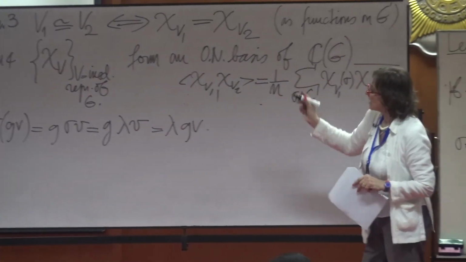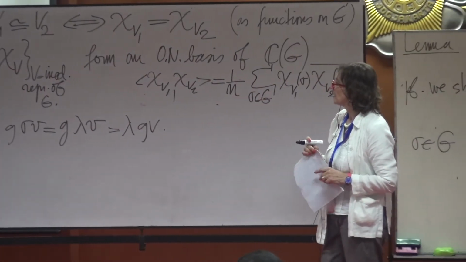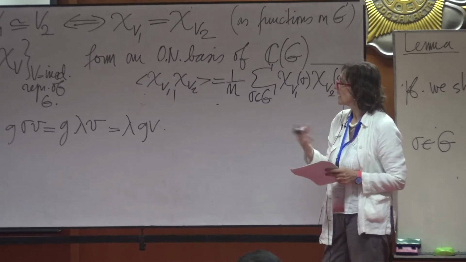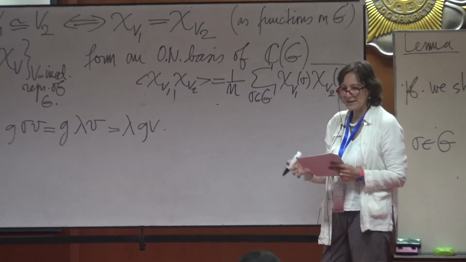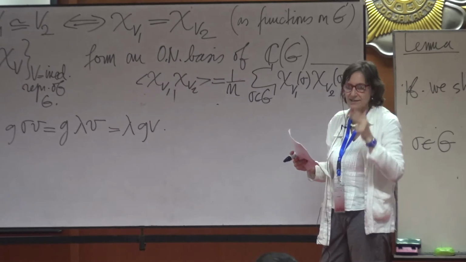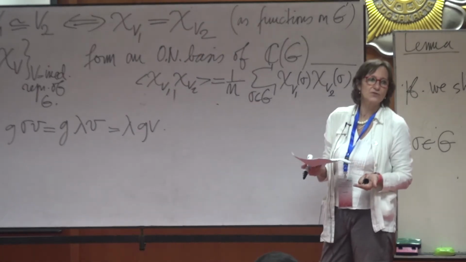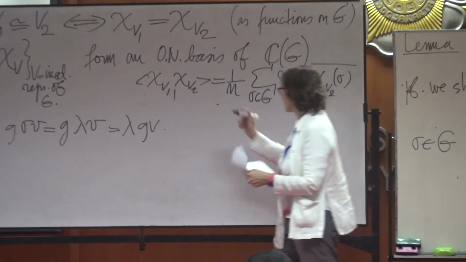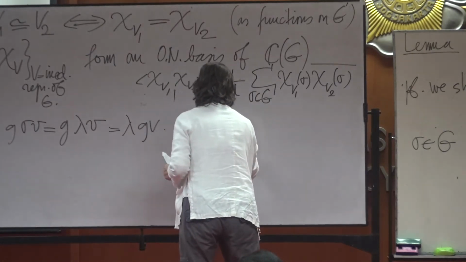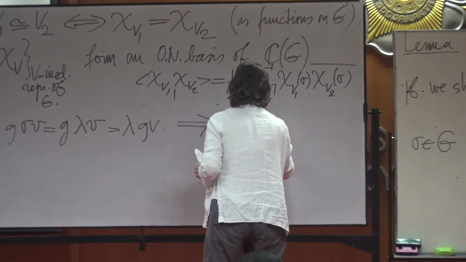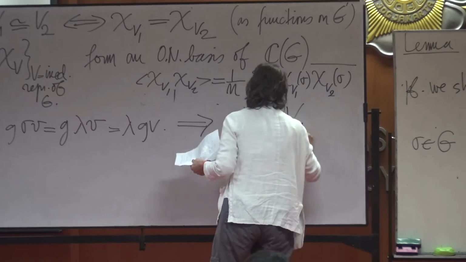So this expression shows that, in fact, the lambda eigenspace is actually preserved by all elements of G. No? This shows that G of V lambda is sent into V lambda.